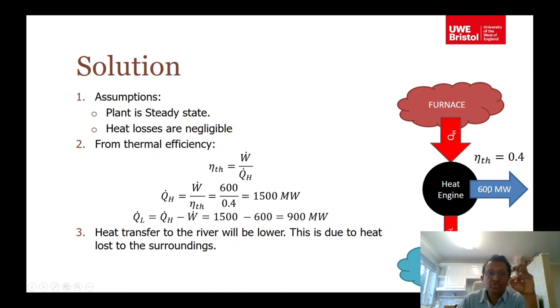So you need to do some work on the engine for you to transfer a certain amount of heat to a hot reservoir. You can transfer heat from a cold reservoir to a hot reservoir, but you need to do work on the engine. So this engine is not an engine; it's called a reversed engine, or a heat pump, or a refrigerator.